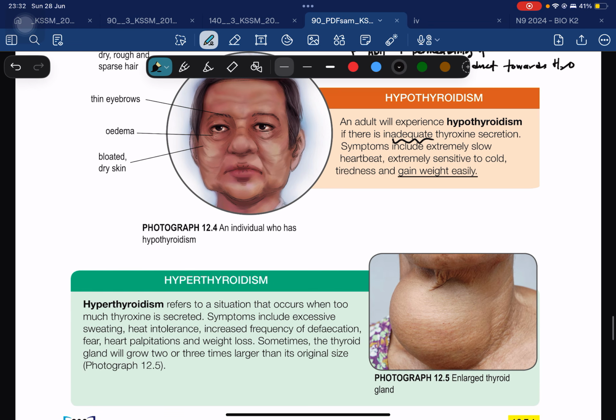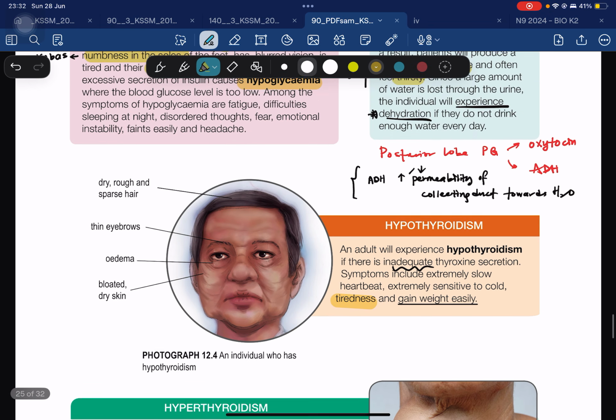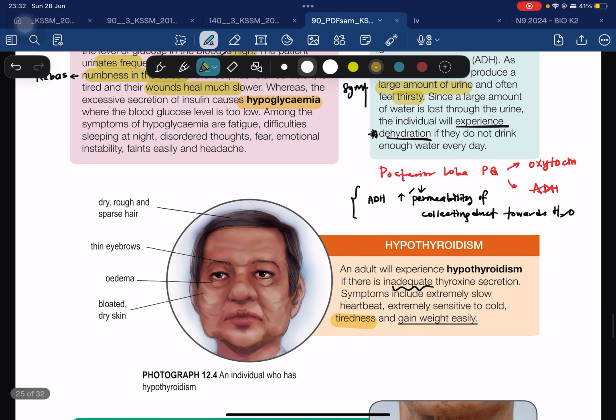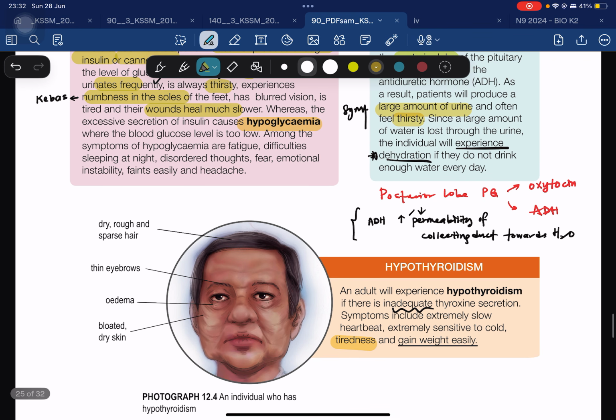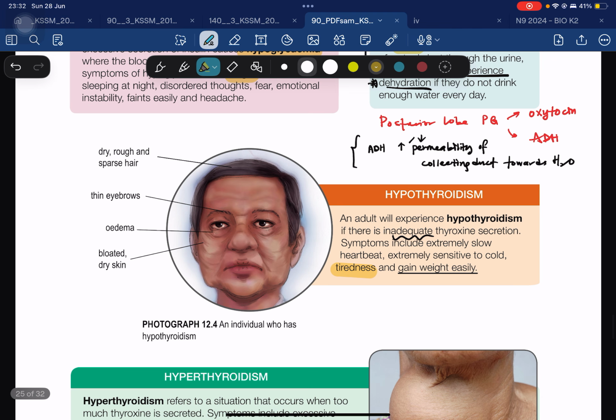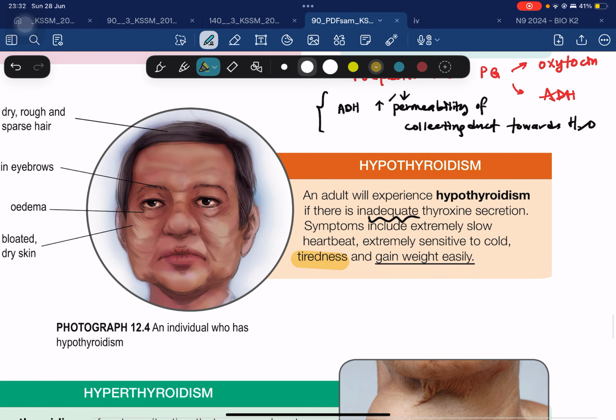So you can see they share common symptoms with hypoglycemia, which is they will feel fatigued, prone to feel tired easily, and also gain weight easily. So why will they gain weight easily? Actually, thyroxine helps increase your body's metabolism.